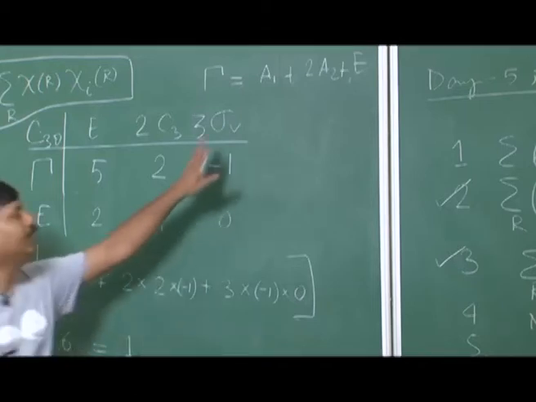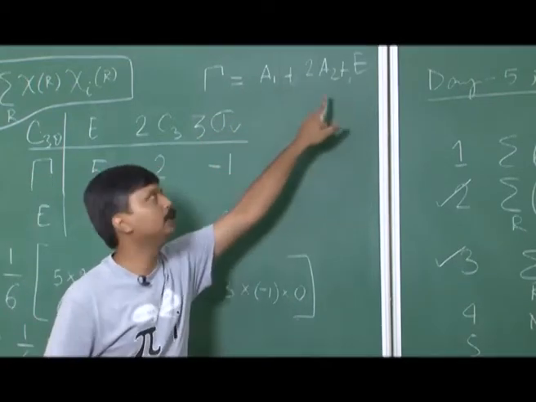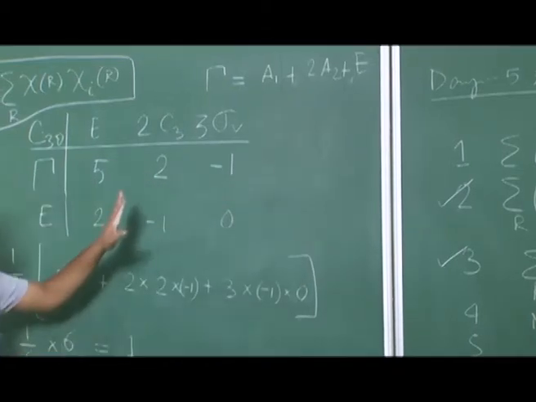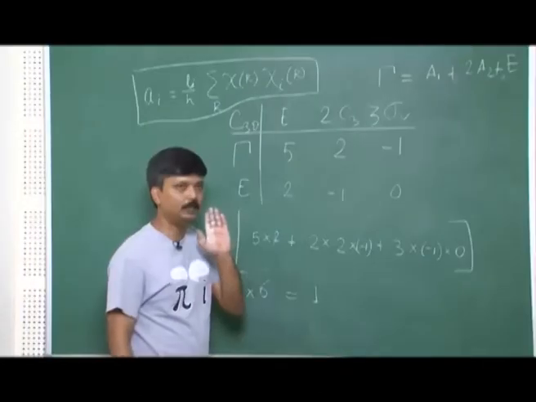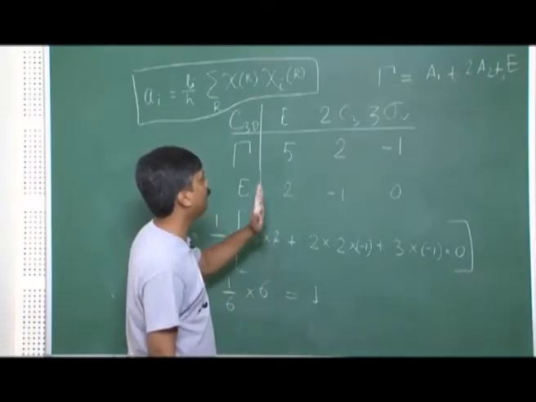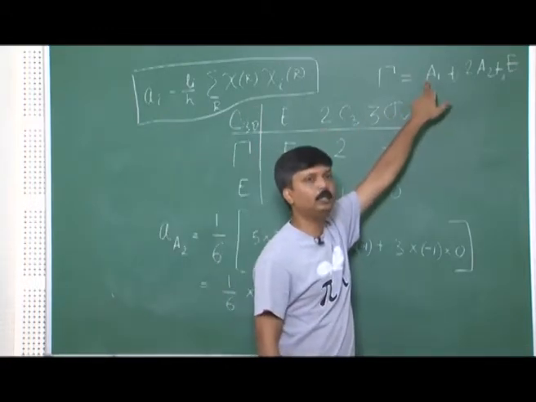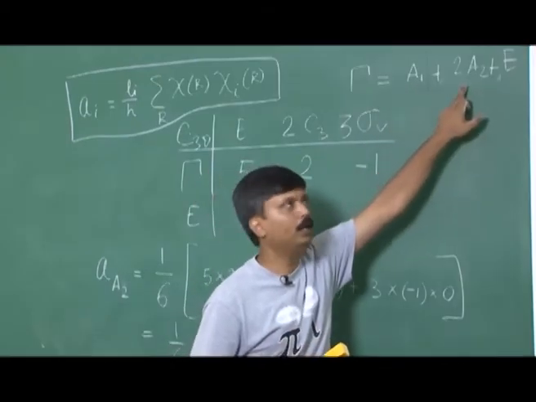Okay. So you can see here that A1 is appearing only once, and A2 is appearing 2 times. Now you can also figure out that the characters remain the same. A simple example, if you take the character for identity, A1 gives me character 1 for identity, A2 also 1, E is 2.